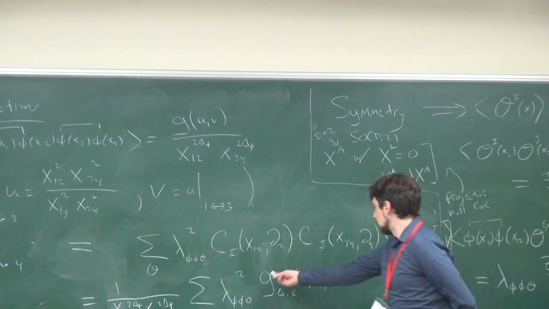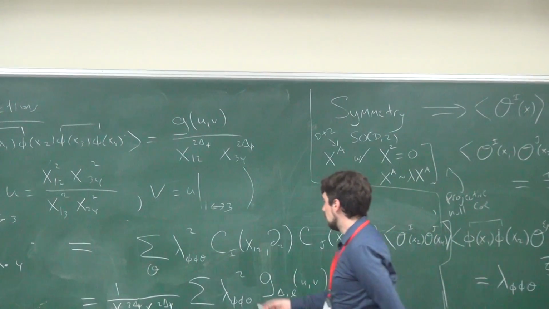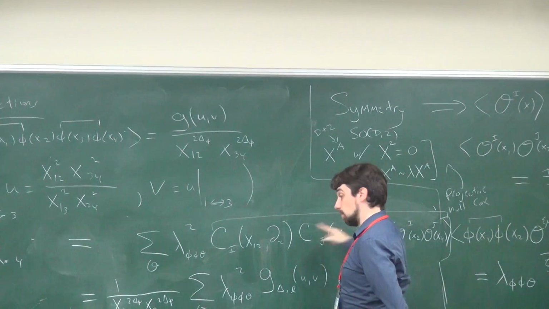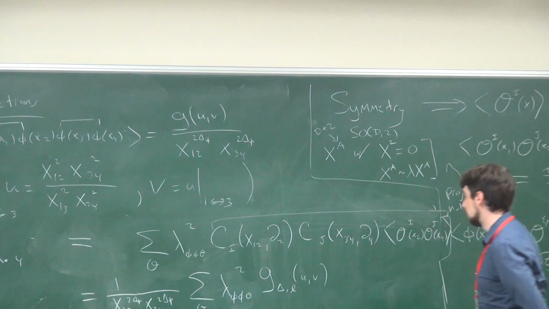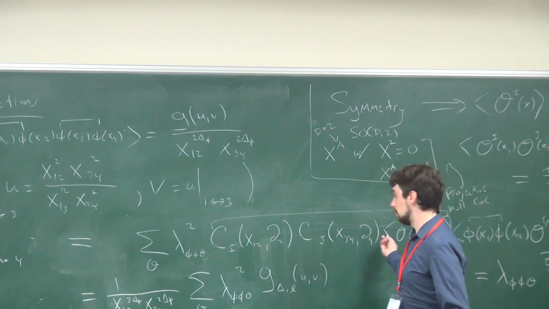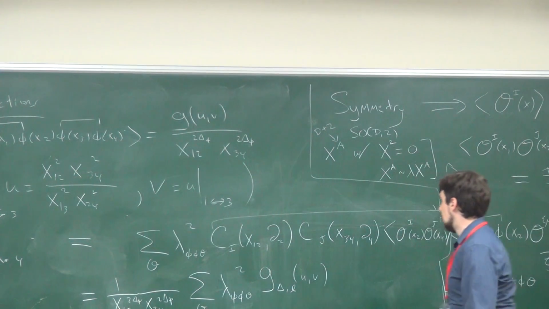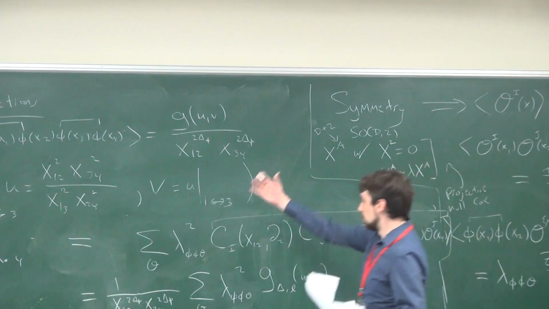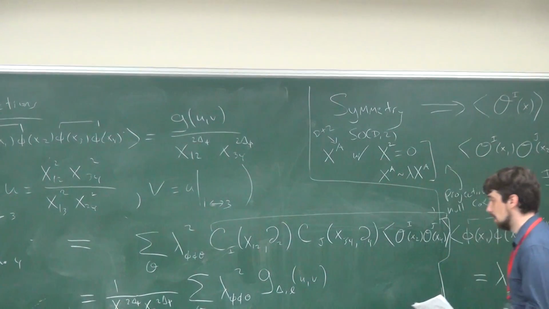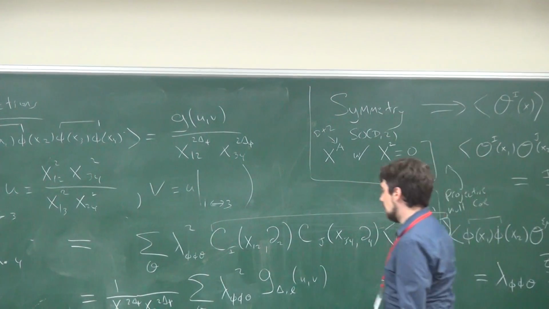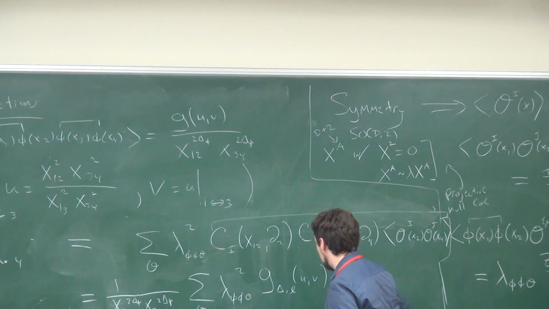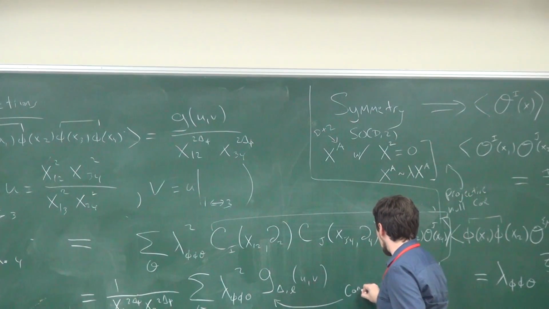So now this function of u and v is just what I get by evaluating these derivatives acting on the 2-point function, and it's labeled by the scaling dimension and spin of this operator O, and then by conformal symmetry, these are only functions of the cross ratios u and v. So in general, I can do this kind of expansion, and this function of u and v is what we call a conformal block.